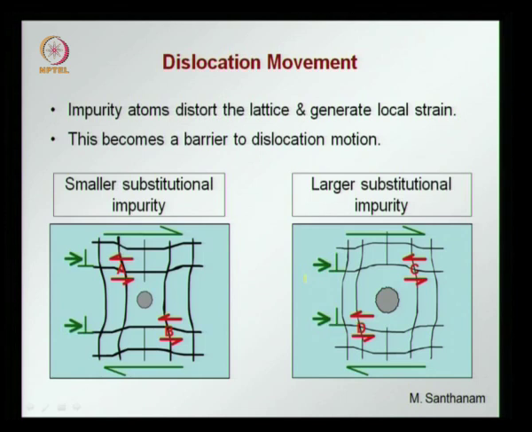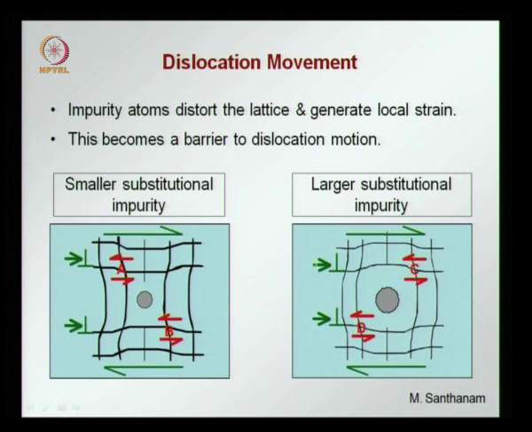We find that impurities or defects that distort the lattice also offer barriers to dislocation movement, and this we can understand from the figures below. You can have a substitutional impurity where either the impurity or the extraneous atom is smaller than the other atoms or bigger. In both cases you have a distortion of the crystal planes.